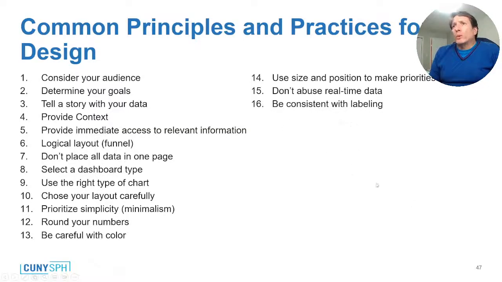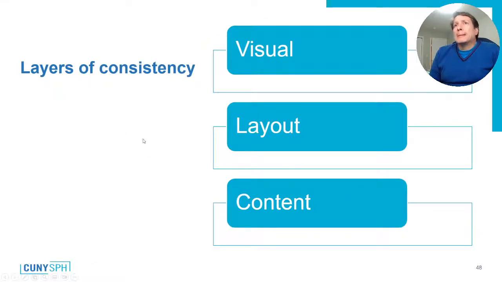The other thing is that we need to be consistent, and there are different layers of consistency that we need to take into account. First is visual consistency, and we exemplified that a little with Johns Hopkins, where every single type of data uses the same colors to be represented.